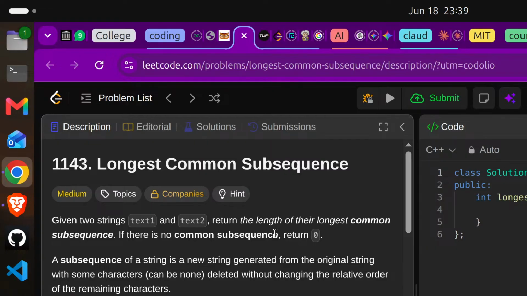Comparison error. I have declared here. Okay, alright.